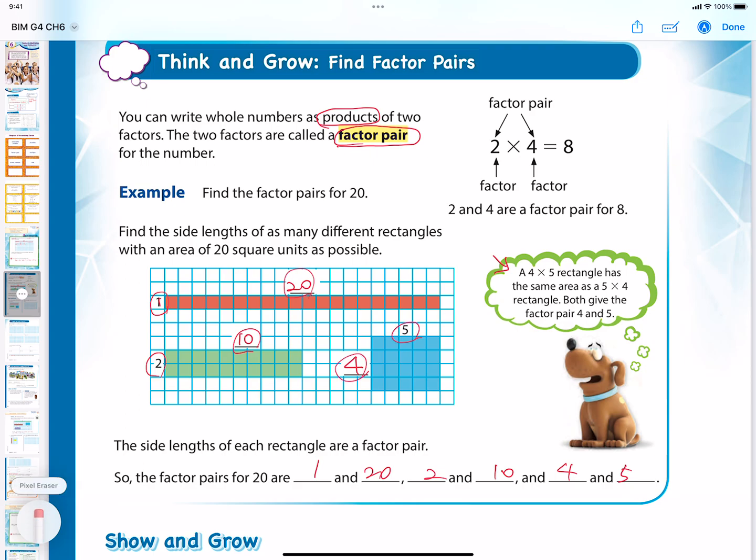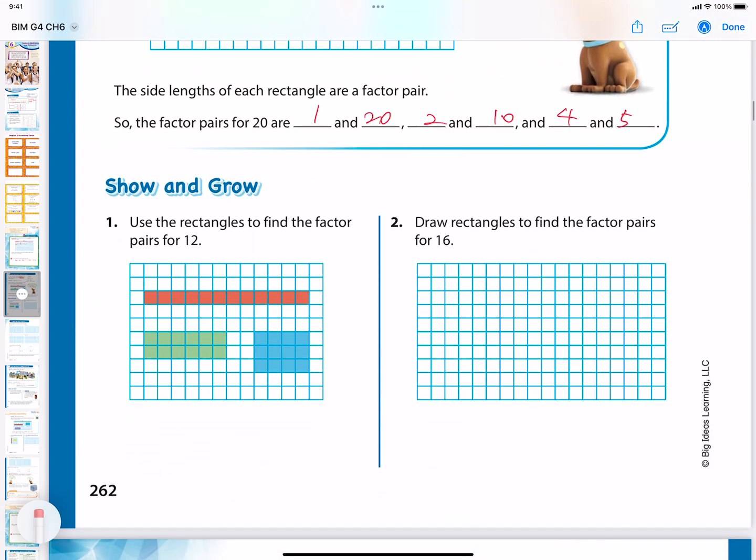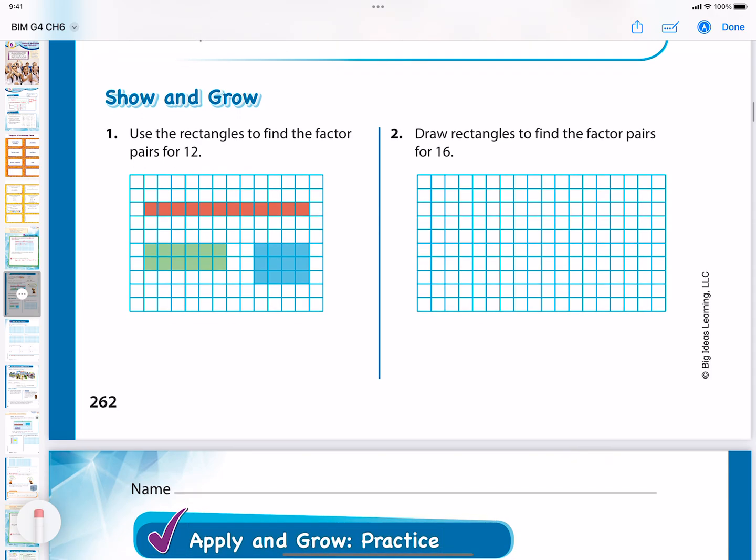Factors when it comes to factoring. So to find the factors, we call it factoring. So factors are what? Two numbers when you multiply. When you multiply two numbers, we call those two numbers factors. And then when you get the answer, we call it what? Product. Remember that?